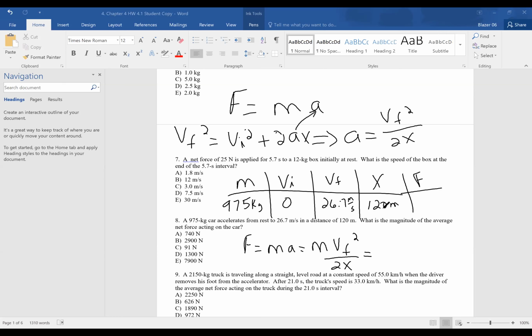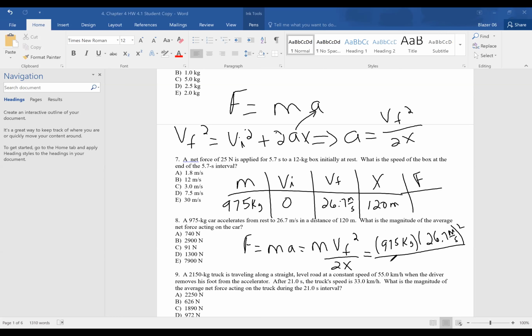So now I'm going to plug in my values. My mass is 975 kilograms. My speed is 26.7 meters per second, squared.